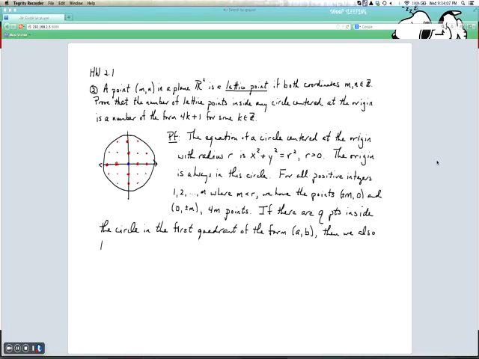We also have (minus a, b), and (a, minus b), which puts you down in the fourth quadrant. This one was second quadrant, that one's fourth quadrant.